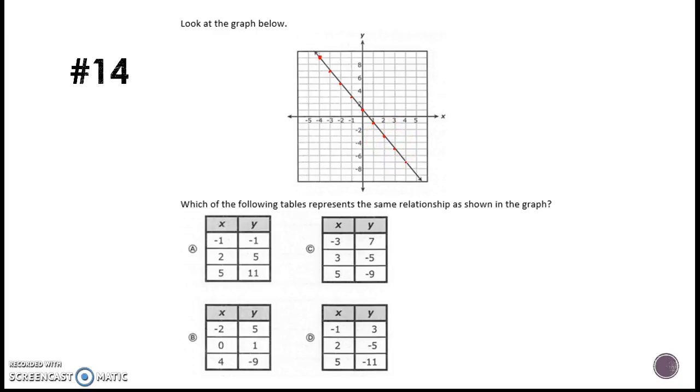All right, so I'm going to go ahead and make my own table because I know how to do that. So x, y, and so do y'all. So you always start from the left side of the table.